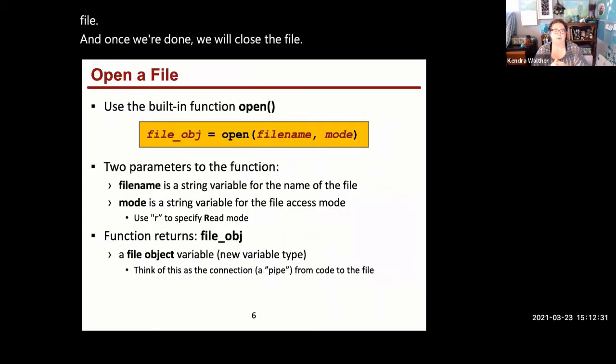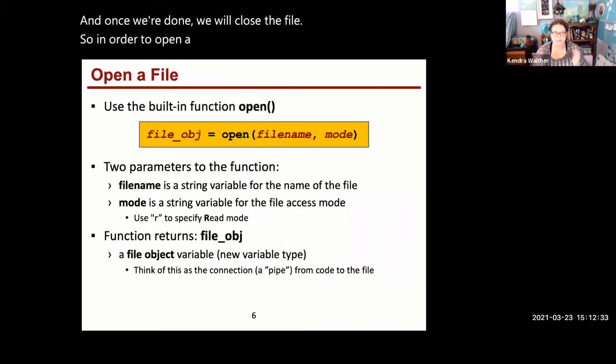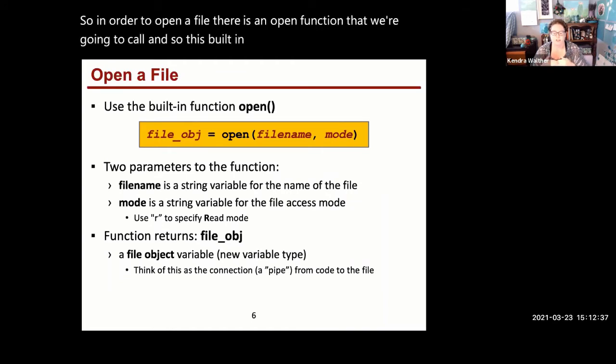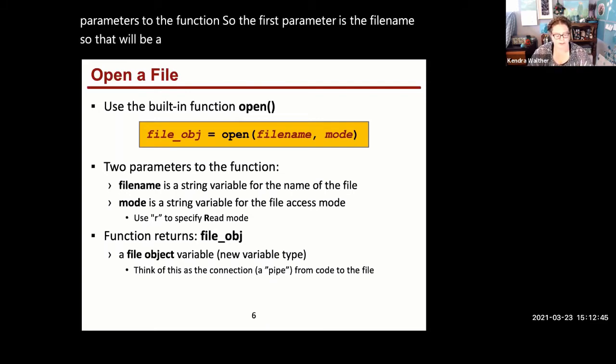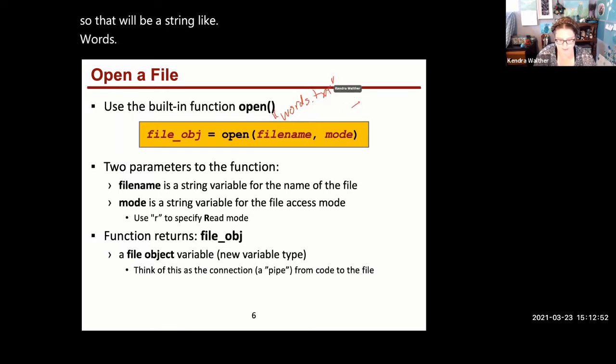In order to open a file, there is an open function that we are going to call. This built-in open function takes in two parameters. The first parameter is the file name. That will be a string like words.txt.